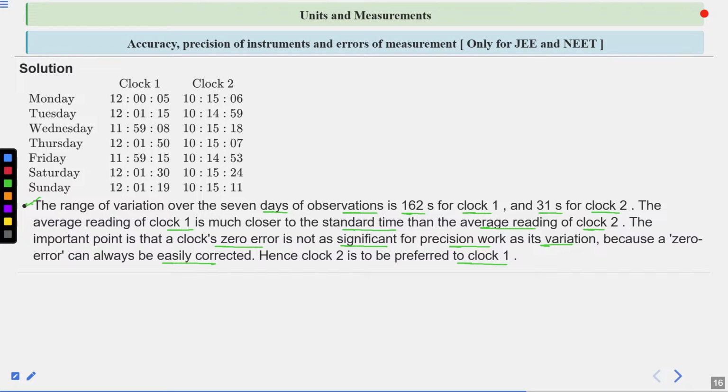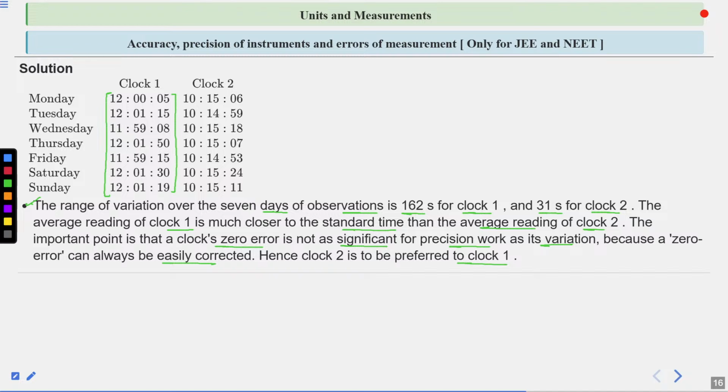Now, one question for you. You have the clock values. If we talk about clock first, you have to find out the mean value. How much is the mean value? Please solve.